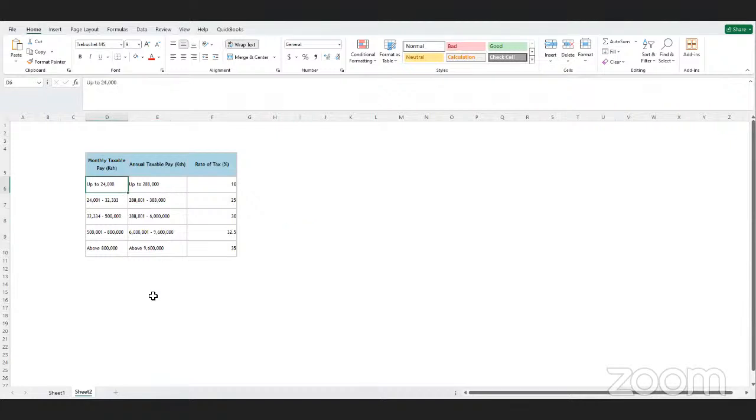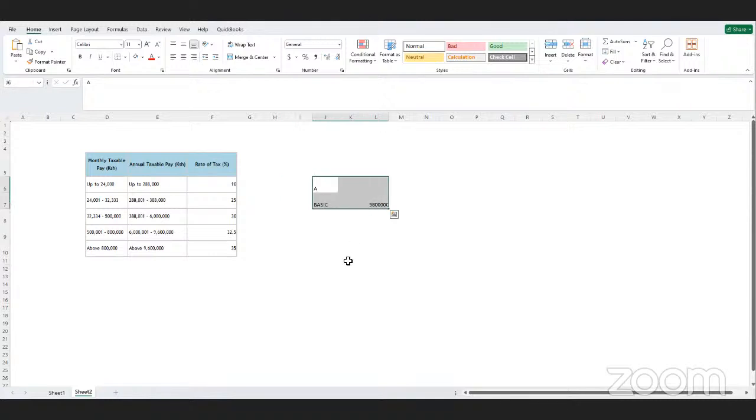So now, assuming that we have person A earning a basic salary of 980,000. How will you compute all the deductions for this person?